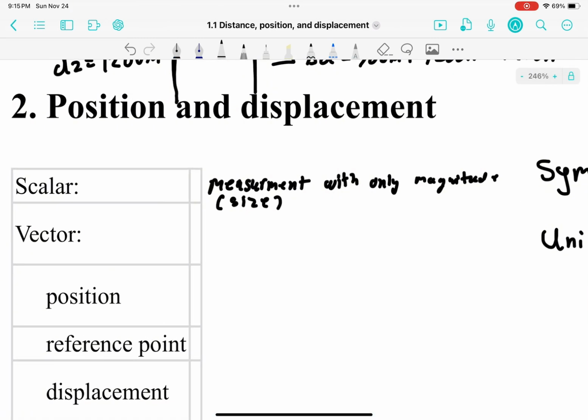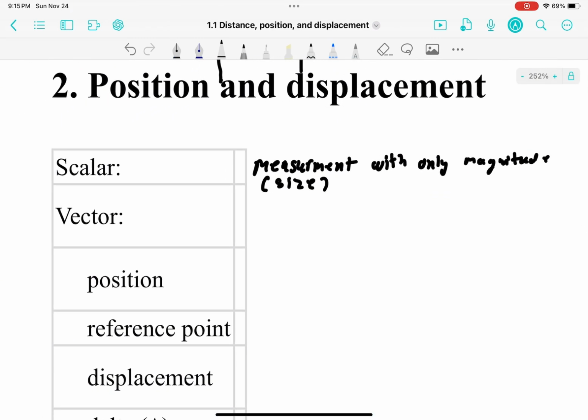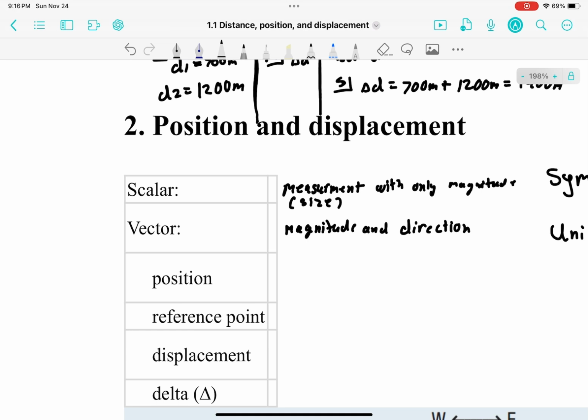The next part it says here is a vector. So what is a vector? A vector is basically a scalar but with direction. It has both magnitude and direction. And this is typically represented by an arrow.